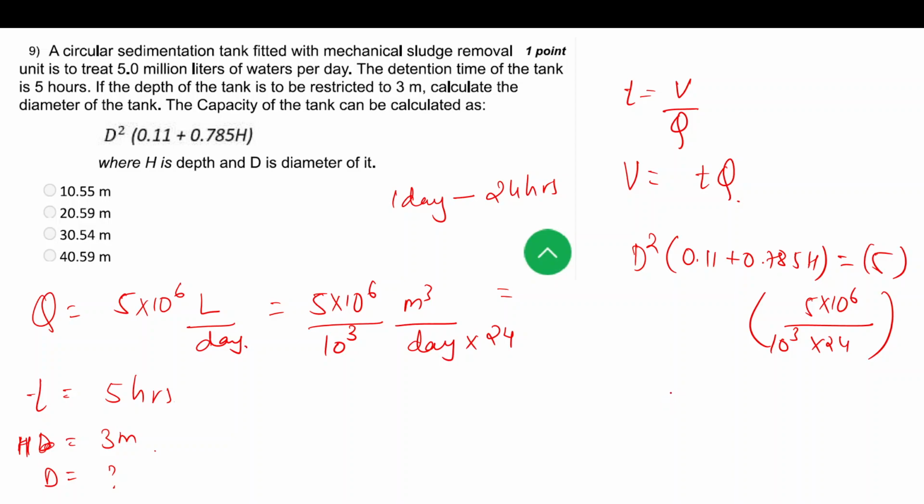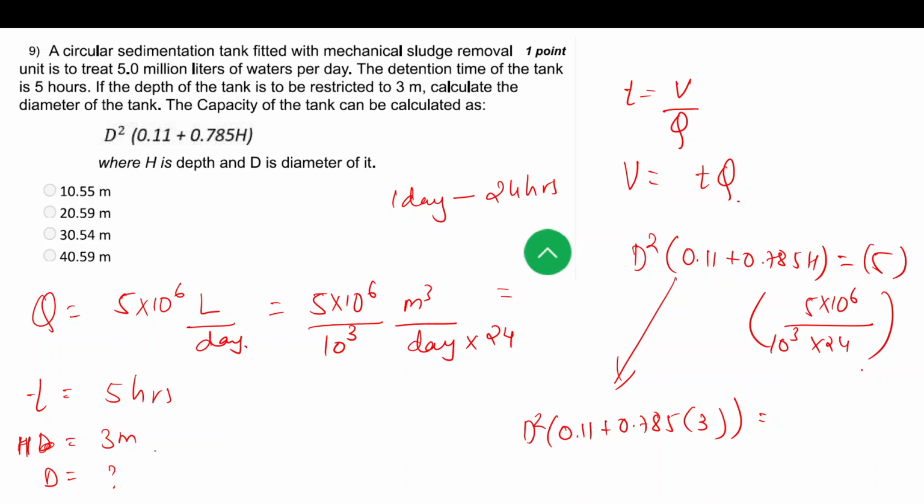Put in the value of h as well, so it will be d square into 0.11 plus 0.785 into 3, and you solve the right hand side.